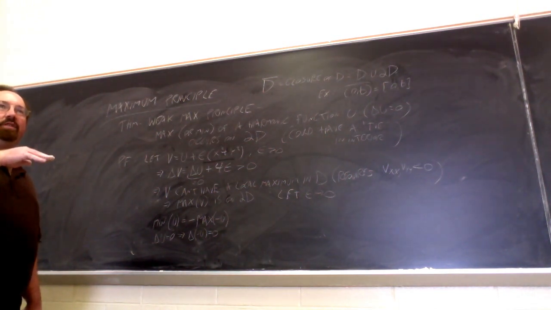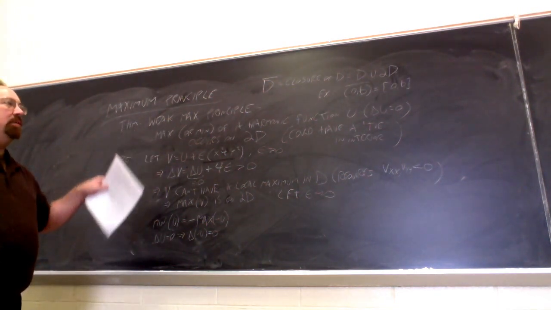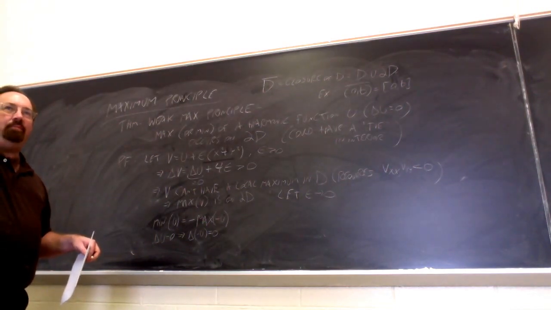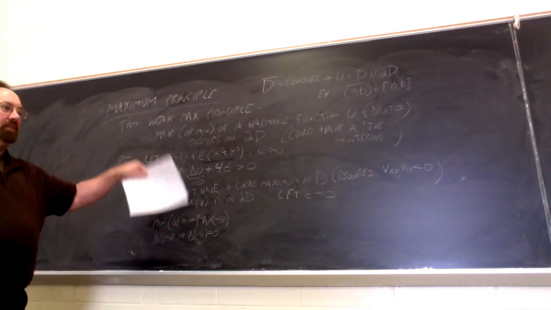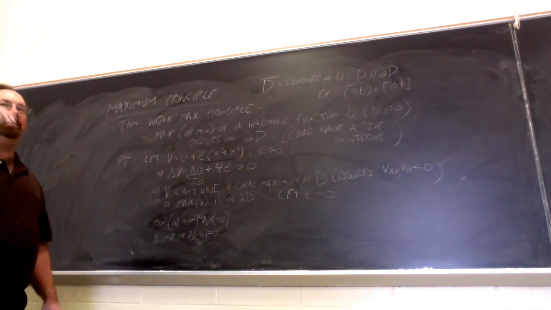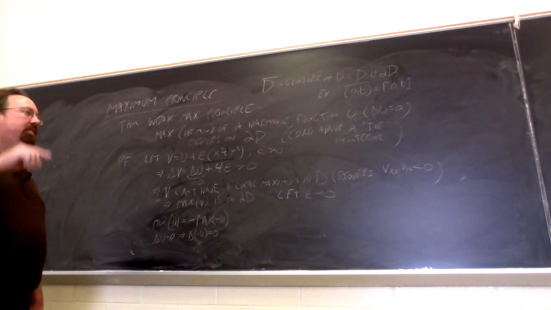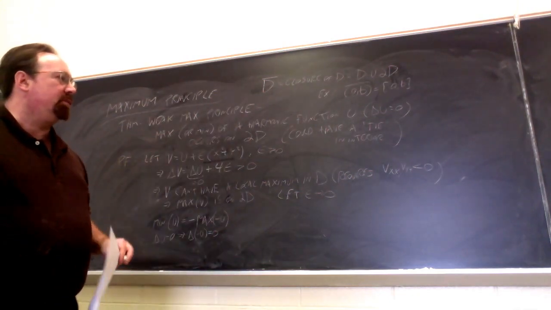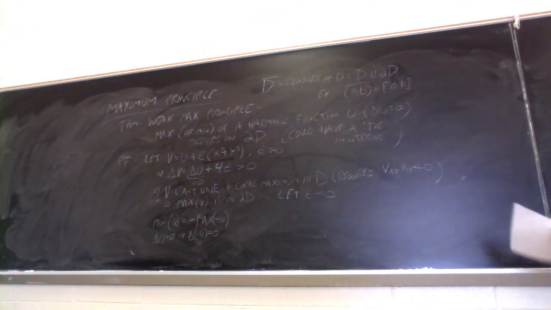So if u is locally constant, it's not really a local max, so it's not going up, coming down, and coming back up again. I'm not talking about that case. That has been ruled out by this proof here. But you could have something where it's at its maximum on the boundary and then remains constant as you go in certain directions into the interior. So that's why you could have a tie. But I will prove a stronger result that almost always rules out a tie as well.